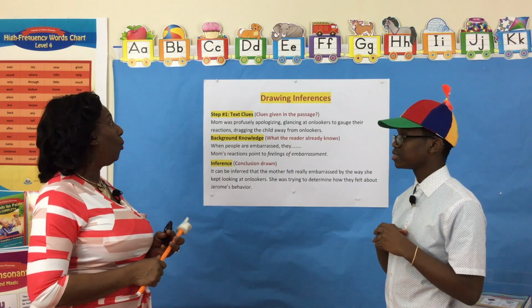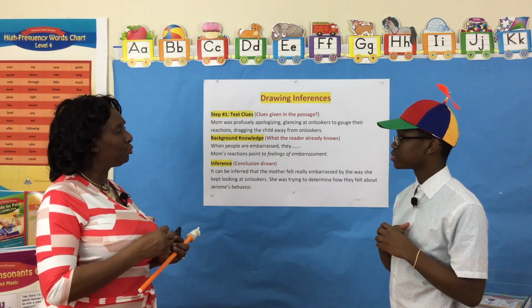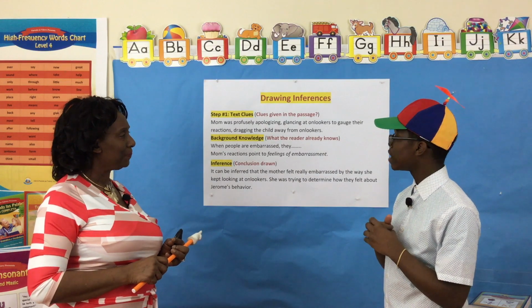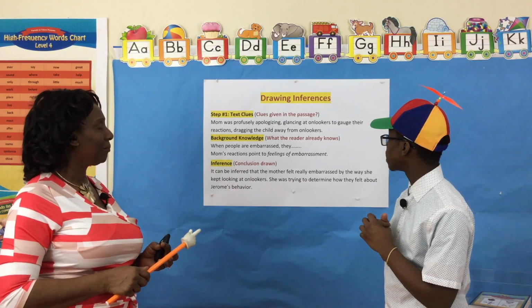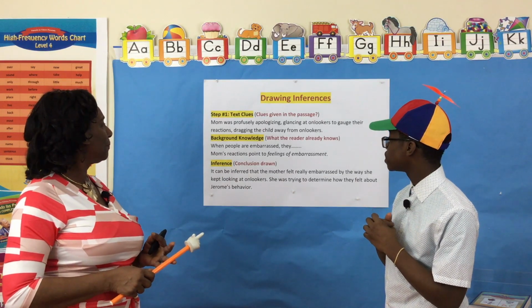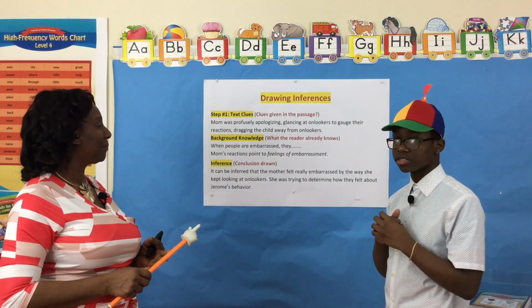Okay. What clues in the text that you read helped you to arrive at that inference? The clues that helped me to arrive at that inference were that she constantly kept apologizing. She was glancing at onlookers to gauge their reactions, and she was dragging her child from onlookers.